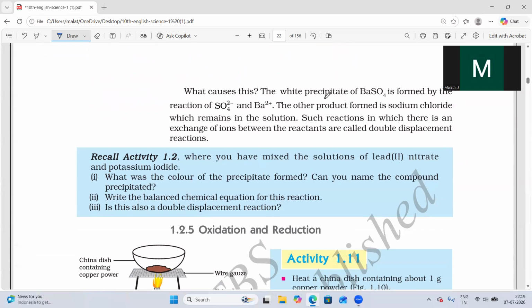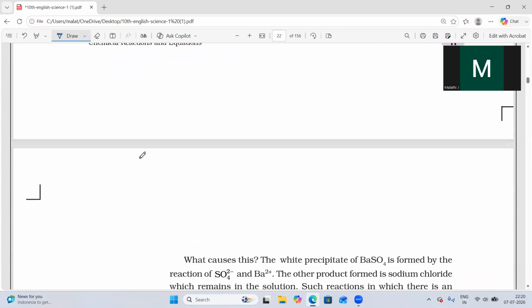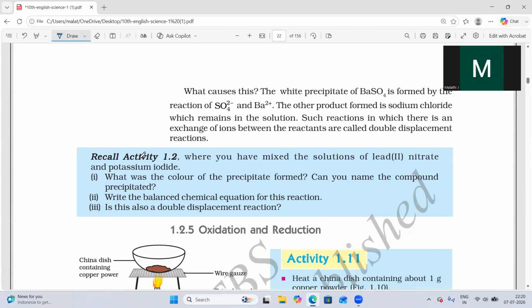For the salts, we have Ba2+, Na+, SO4 2-, and Cl-. Here the salts have positive and negative ions, so in the double displacement reaction, instead of calling them elements, we say that the exchange of ions between the reactants is called a double displacement reaction.